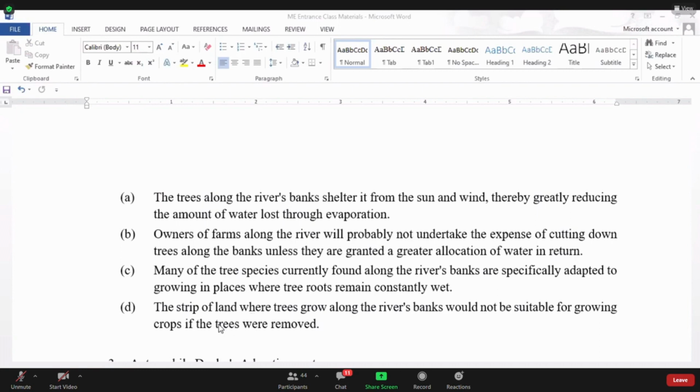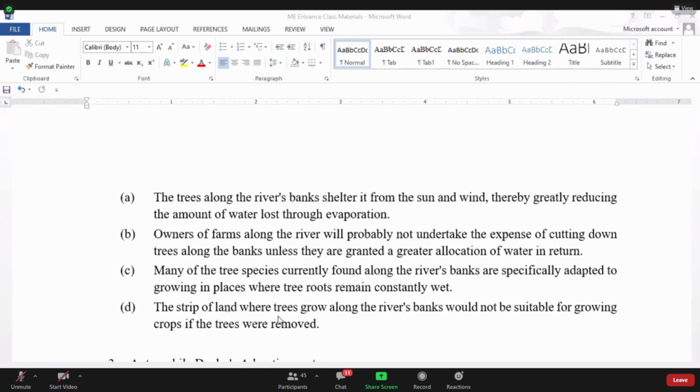Does it talk about crop irrigation? You have to link the removal of trees with crop irrigation. Does it say so? It says trees should not be removed, because if the trees were removed, the land would not be suitable for growing crops.